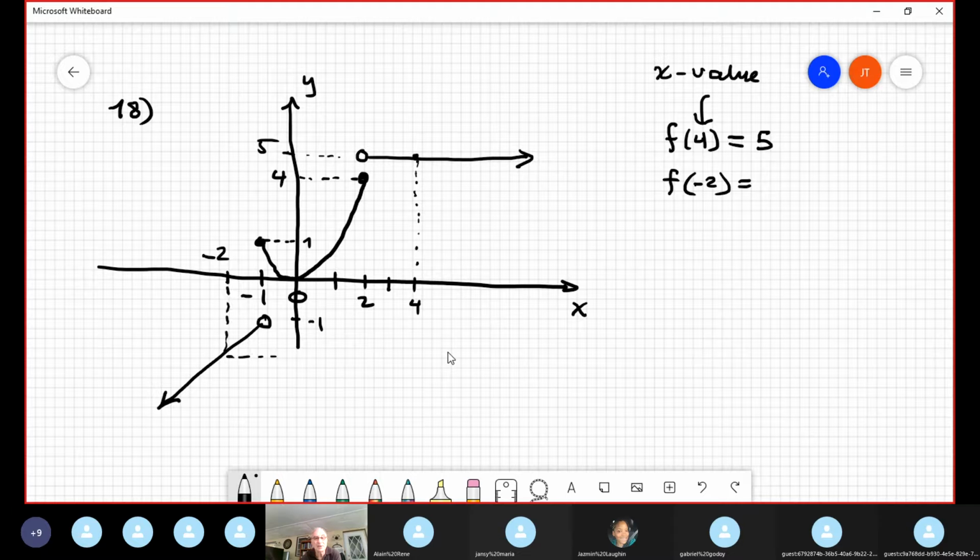This is extrapolating, using your common sense. I suppose this is a line passing through the origin, so this is approximately -2. Graphically there are no accurate answers; it's approximate.